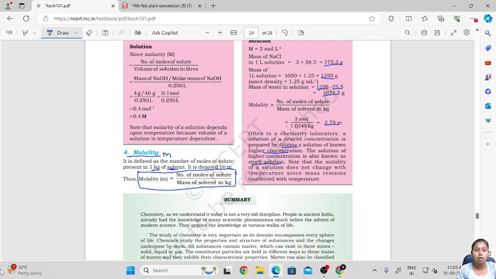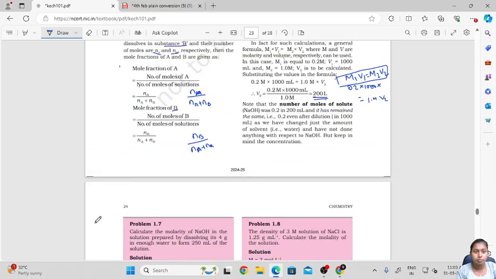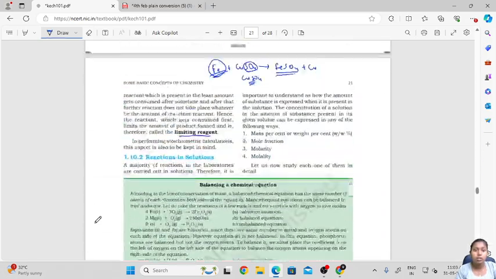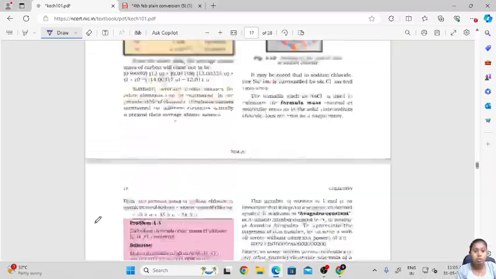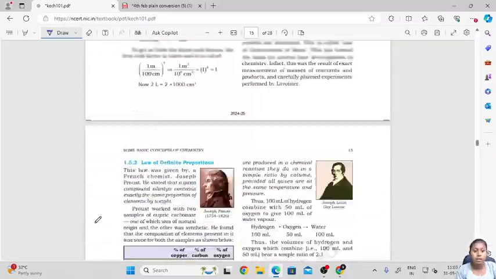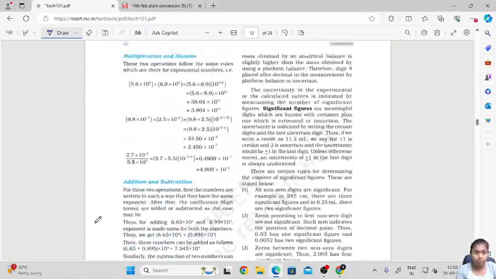So this is all about the chapter. In this chapter, the important things you should remember are the nature of matter, how they are classified.